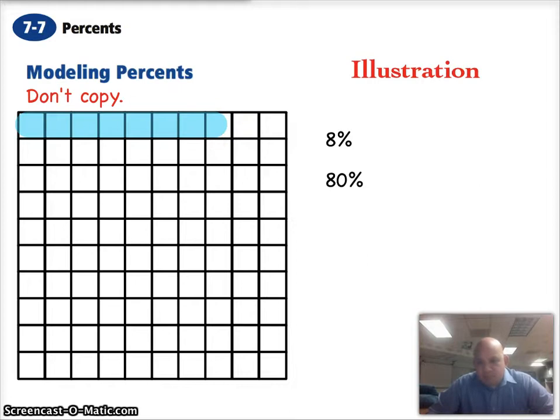Now, what about 80%? 80% means that we have 80 out of 100 of these squares filled in. So let me show you what that looks like.